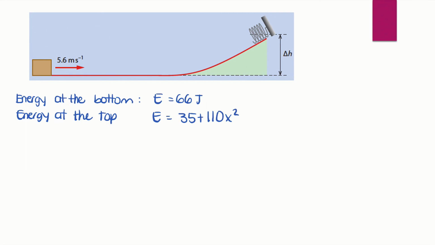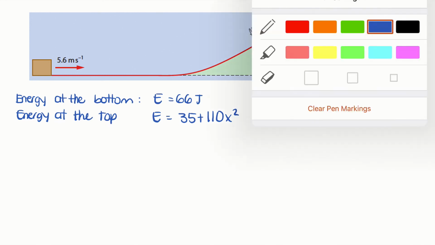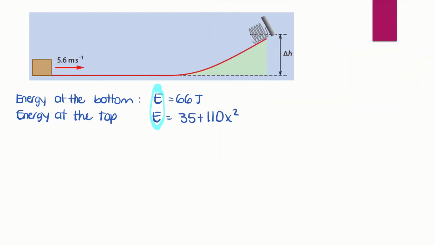If you see, we have two equations, so we are going to equate them because these two are the same. The energy at the top has to be the same as the energy at the bottom because of the law of conservation of energy. So the energy at the top is 35 plus 110 x squared, and this is equal to the energy at the bottom, which is 66 joules.